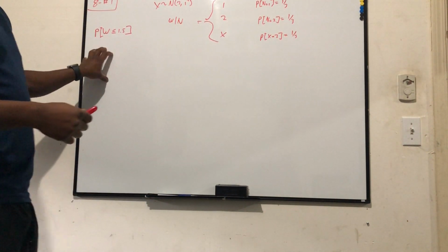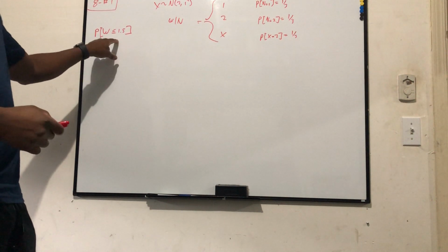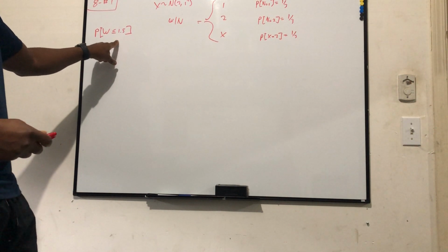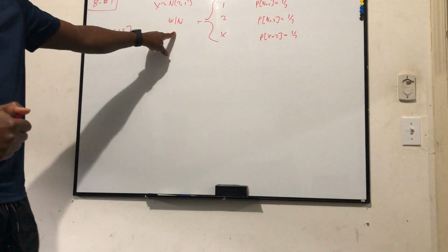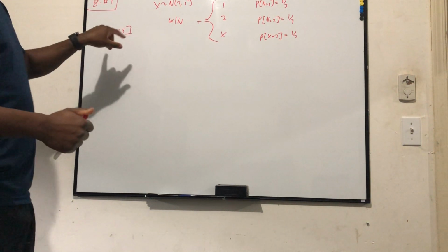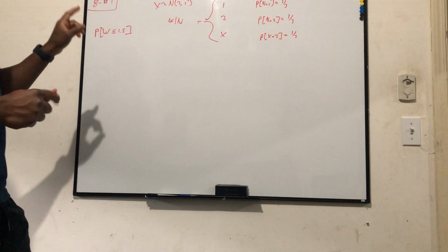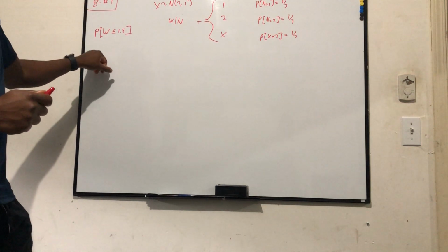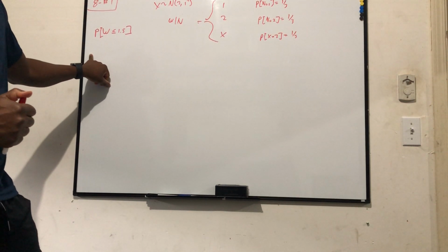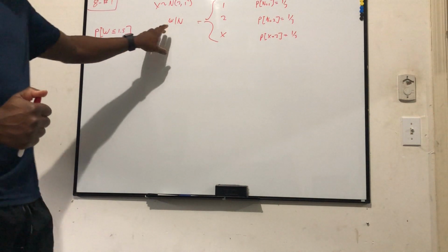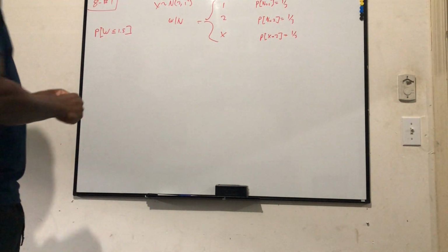So for us to find the probability that W is less than or equal to 1.5, we have to consider this conditional distribution. And remember, the law of total probability says that we sum over all of the indices. So I'll say it like this.